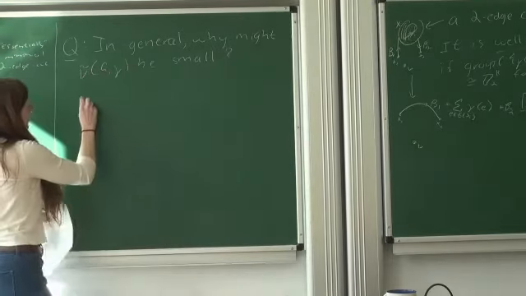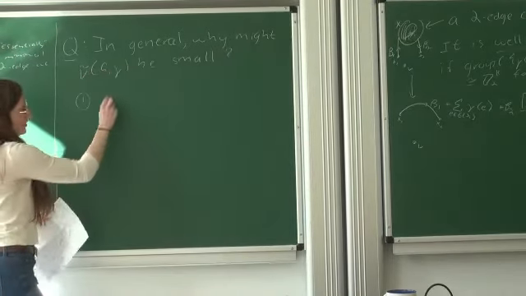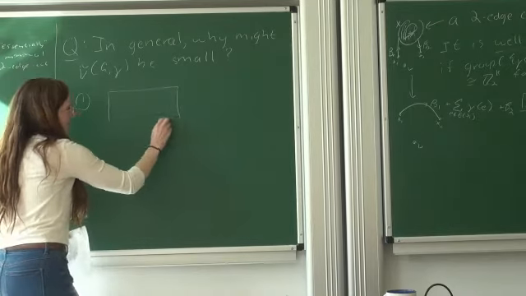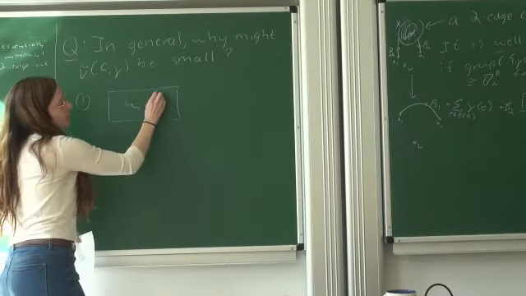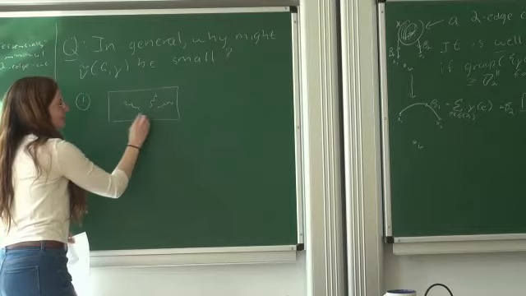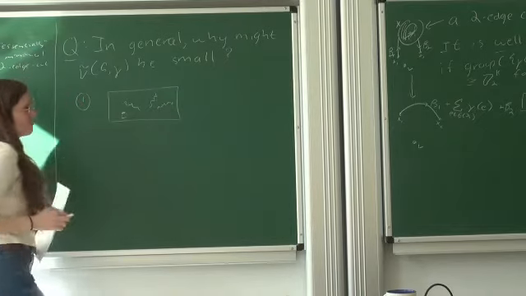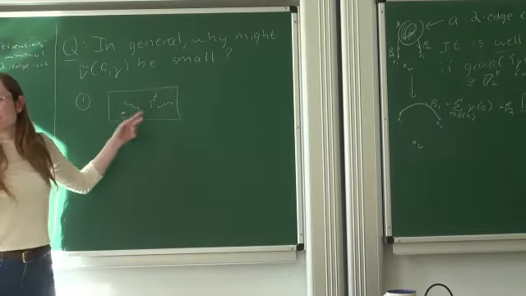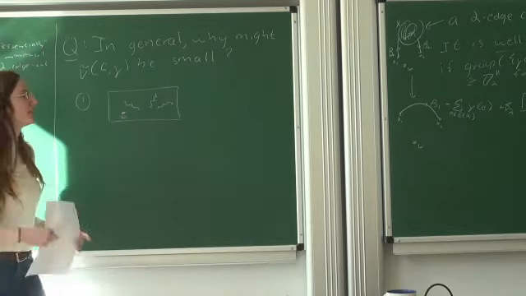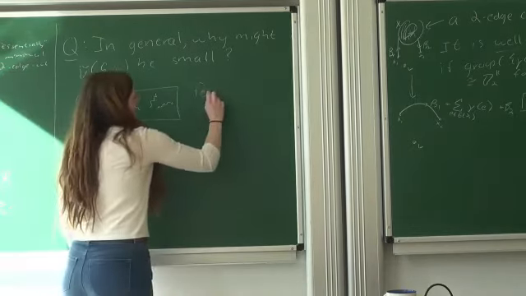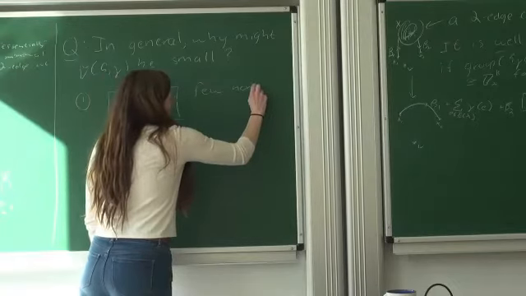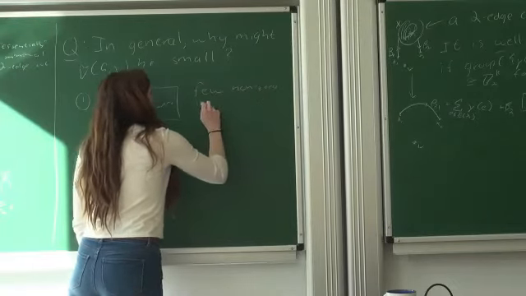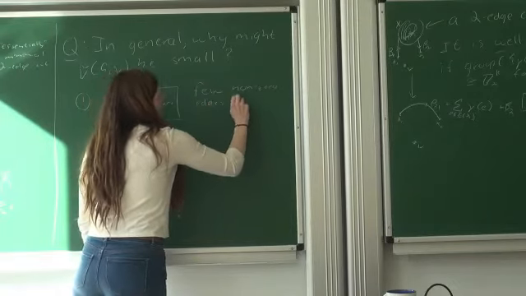Given our discussion before, one really obvious reason is that maybe there's just a small number of non-zero edges. And I like drawing this picture where these little squiggly edges are my non-zero edges, right? So maybe there's just 2 non-zero edges. Maybe that occurs after shifting.